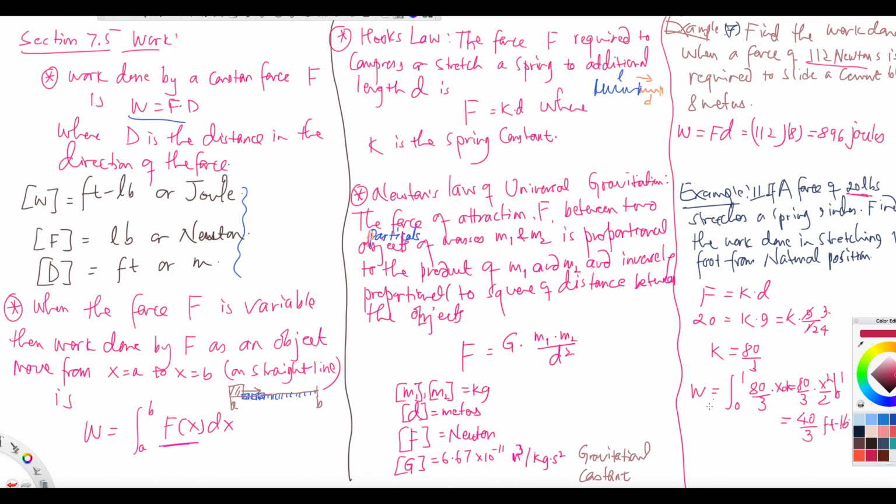Now when you find the work, it is the integral from 0 to 1 of F of x dx, that's the formula. But what is F of x? Here D is not a constant distance, so D is just x. So F of x will be K times x, and then dx. So 80 over 3, and if you simplify that, that's what you'll get.